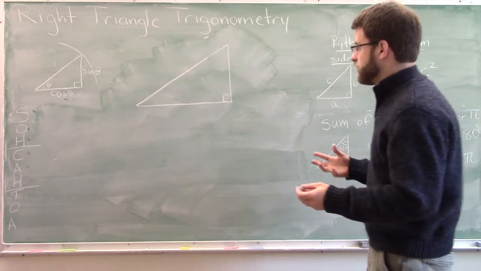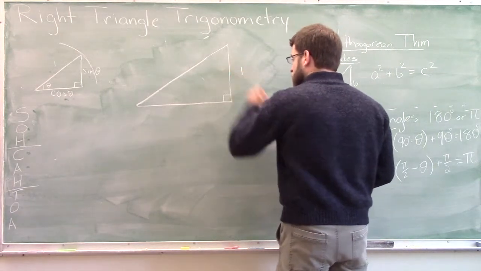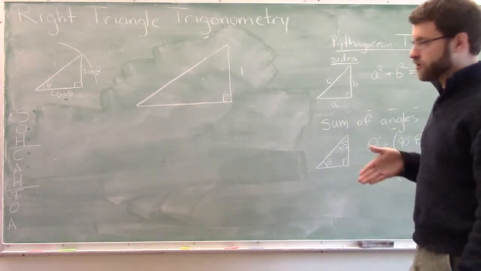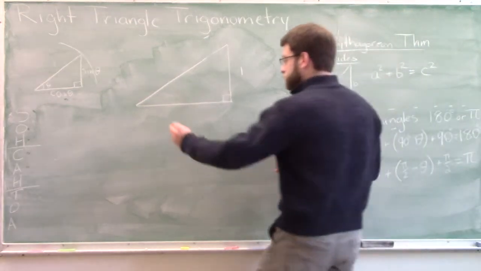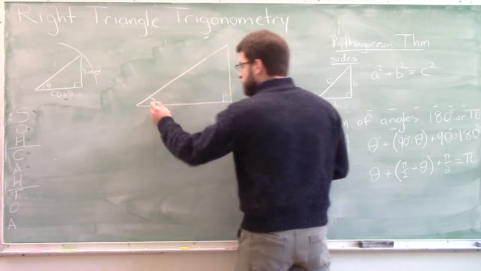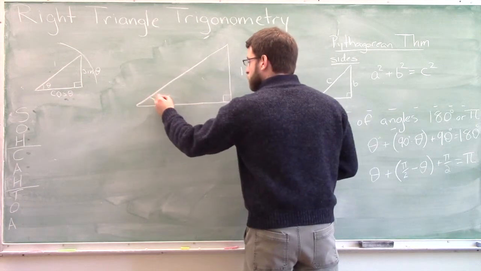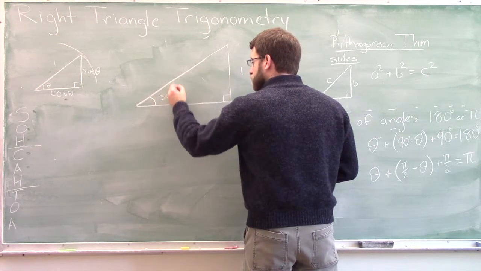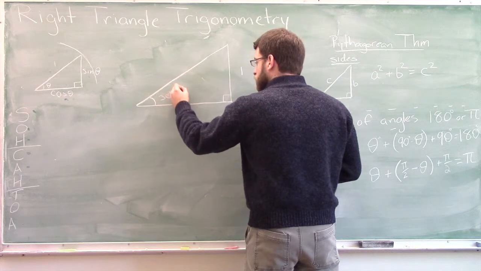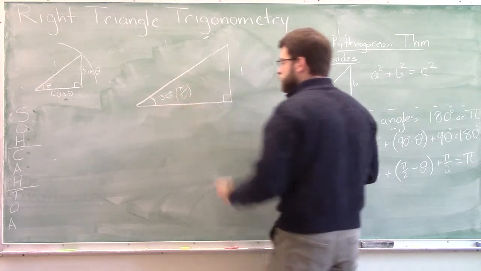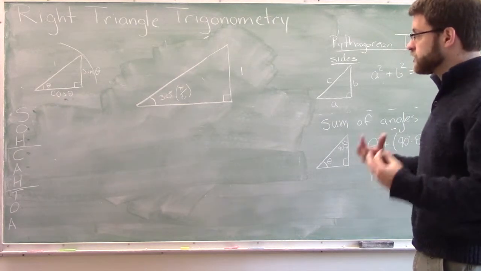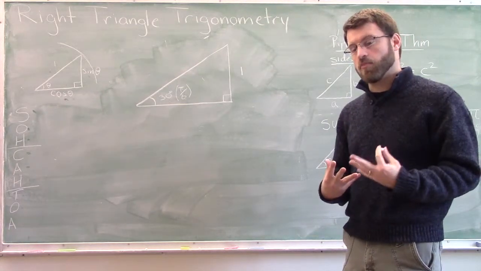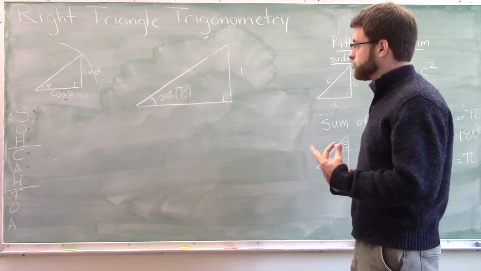And let's say that this side length, the vertical side length, is equal to 1. And let's make this angle 30 degrees or pi by 6 radians. So this is going to be one of the special triangles that we're familiar with. So there's partial information about the triangle.